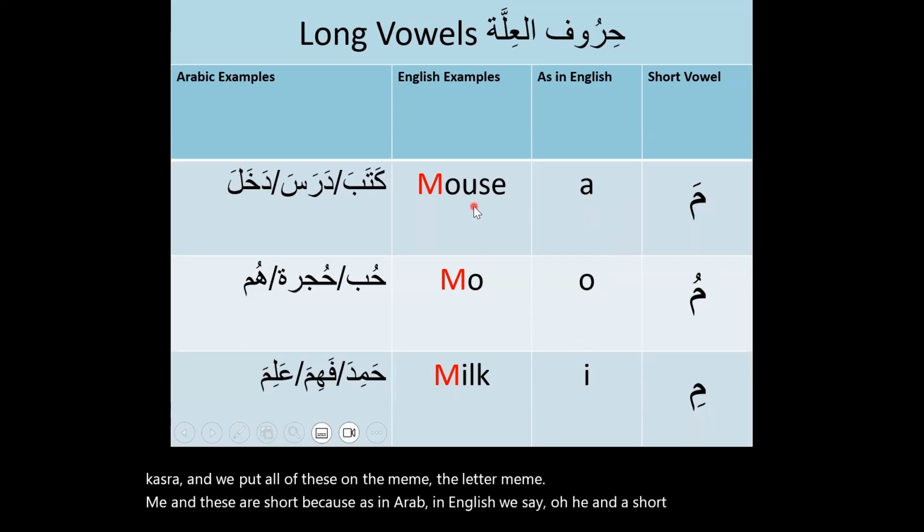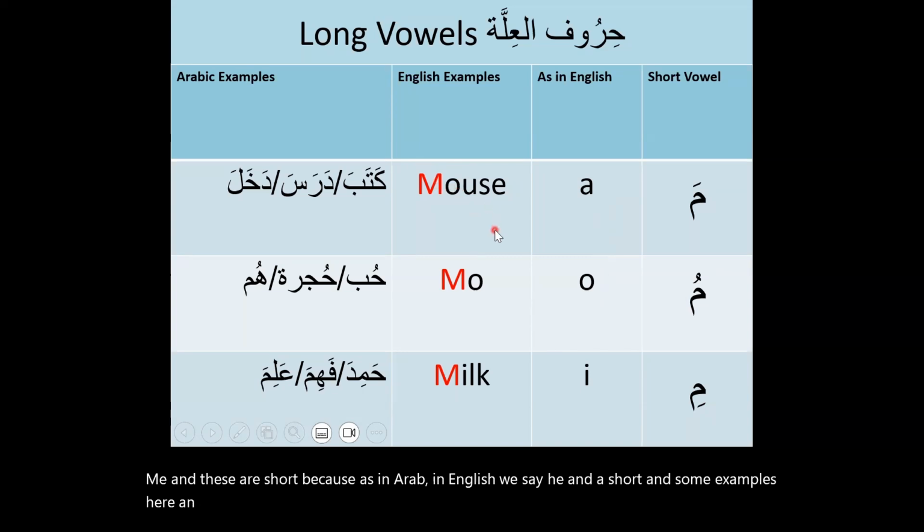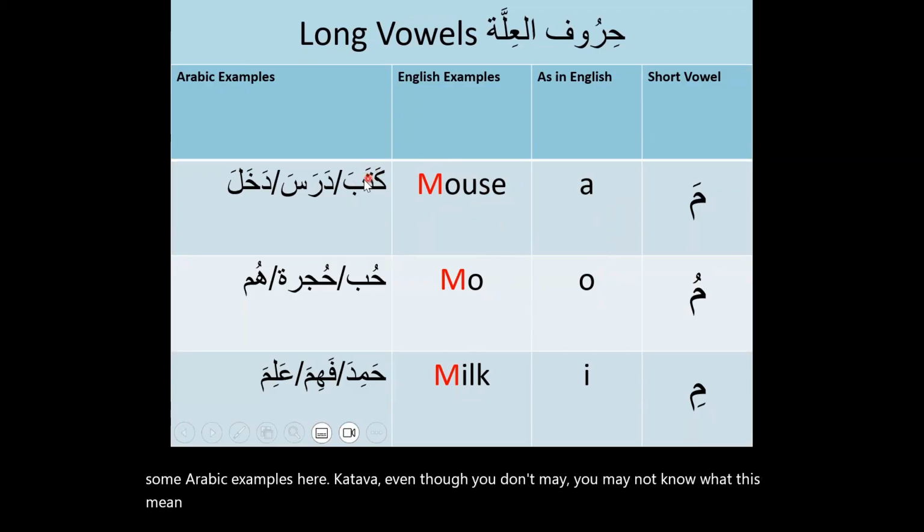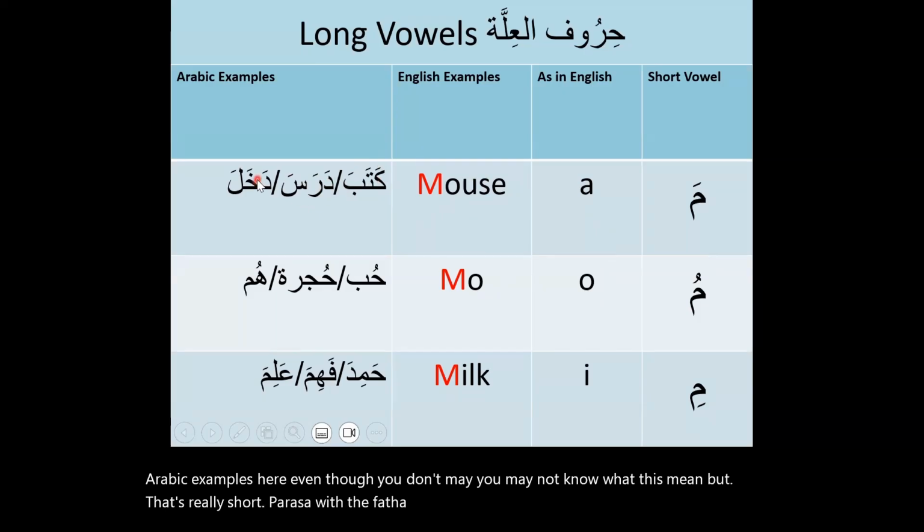Some examples in English: mouse, don't say mouse, mu, milk, kind of short. I have some Arabic examples here. Kataba, even though you may not know what these mean, the diacritic is short. Darasa, with the fatha, is to study. Dakhala is to enter. Kataba is to write. Kind of simple and short.